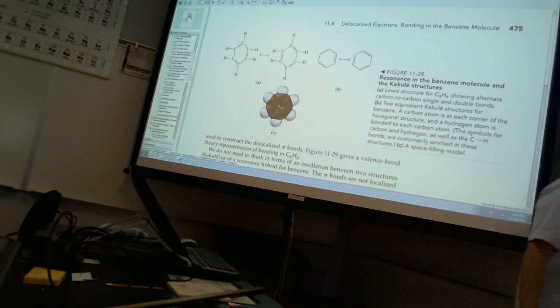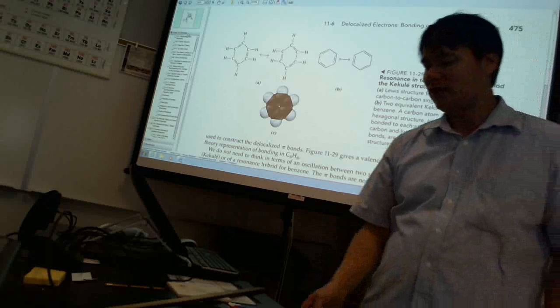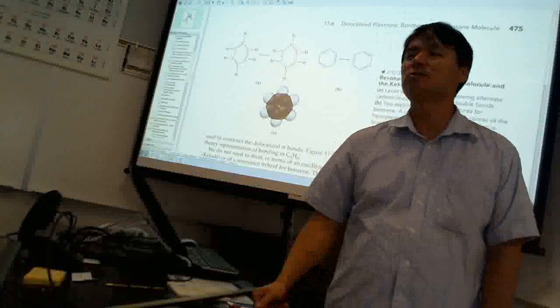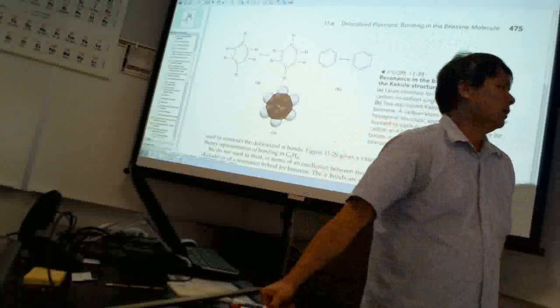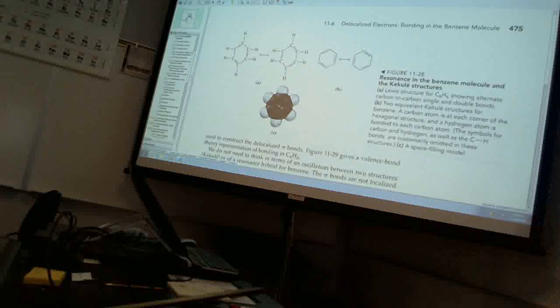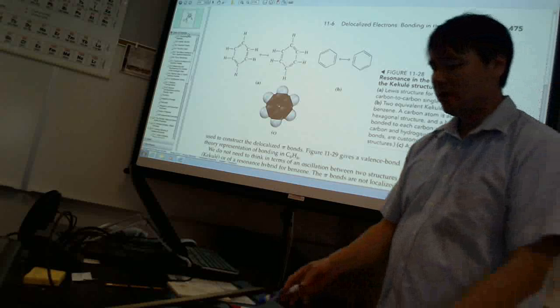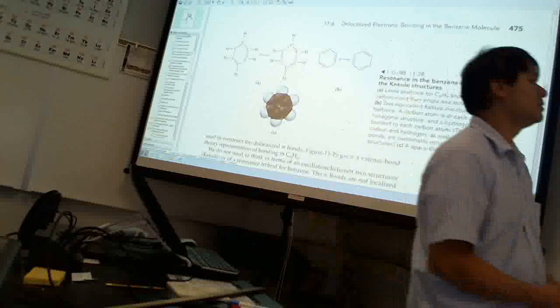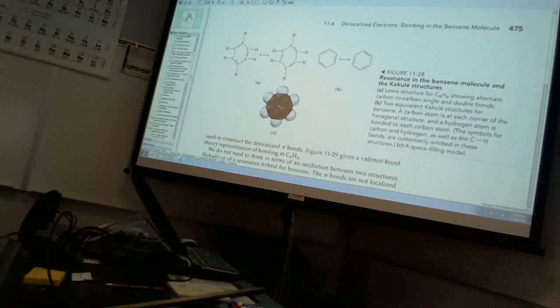But we know that electron density is like a fog, and is this fog going to want to localize? It'll localize if there's a wall here, but is there a wall here separating? No. And so what happens with benzene is we delocalize all the pi electrons over all the bonds here, and the same thing here.